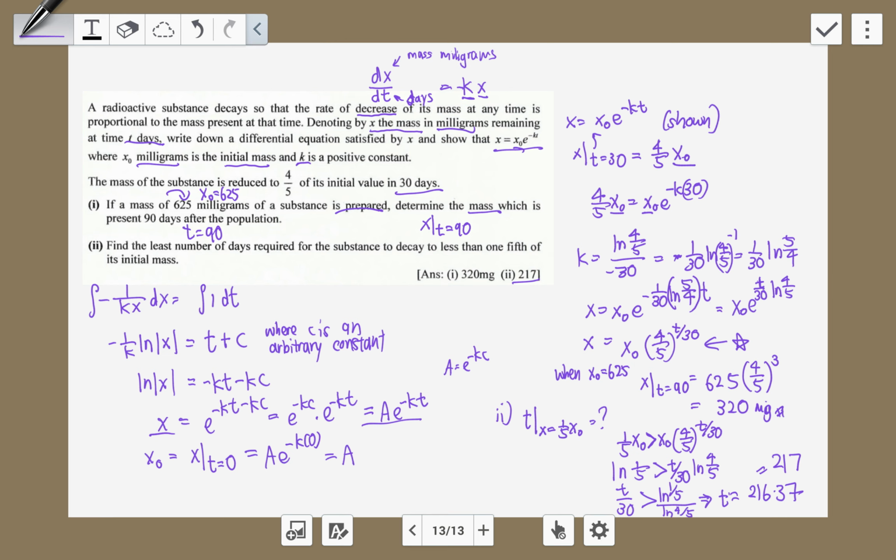So to be clearer, it should be t over 30, when divided by ln 4 over 5 on this side, the sign should change to this direction.